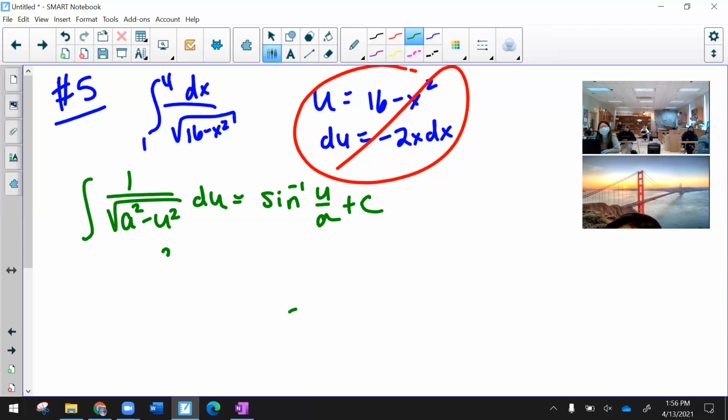So what's a going to be equal to? 4. What's u going to be equal to? x. In this case, it's nice and easy. It's not like u is equal to 4x or something, which means that du is just equal to dx.